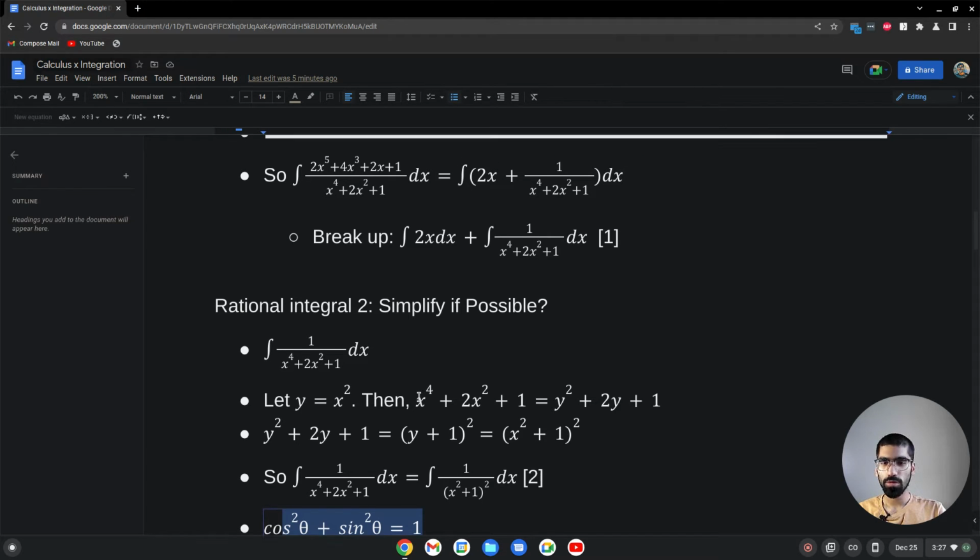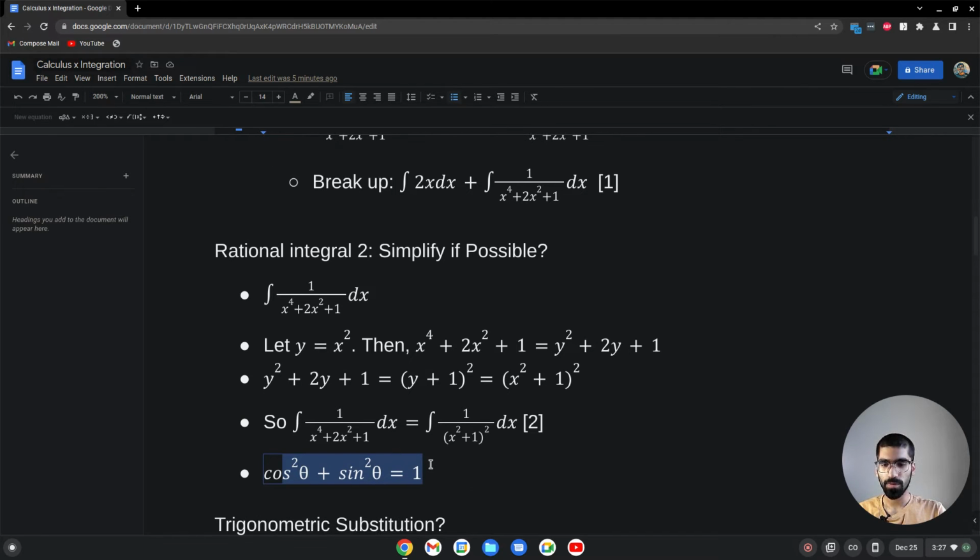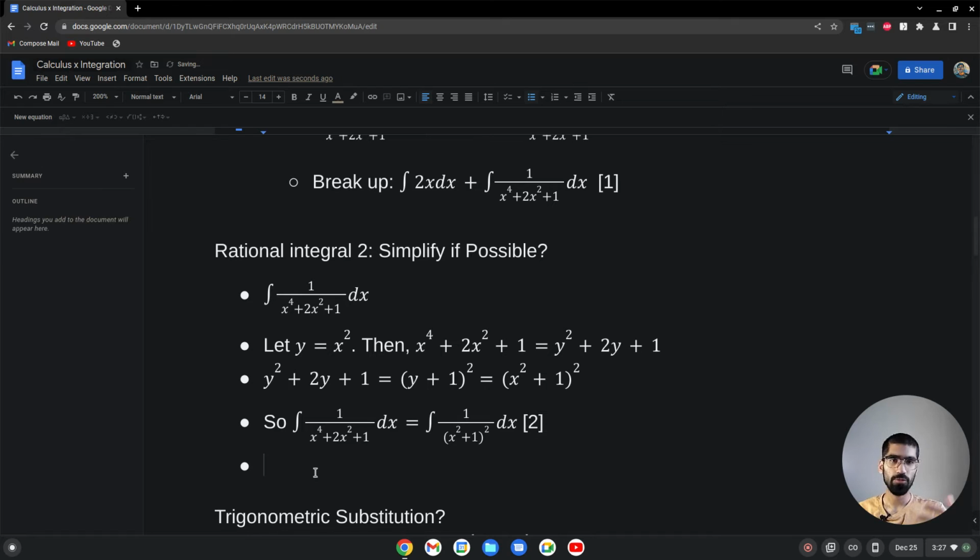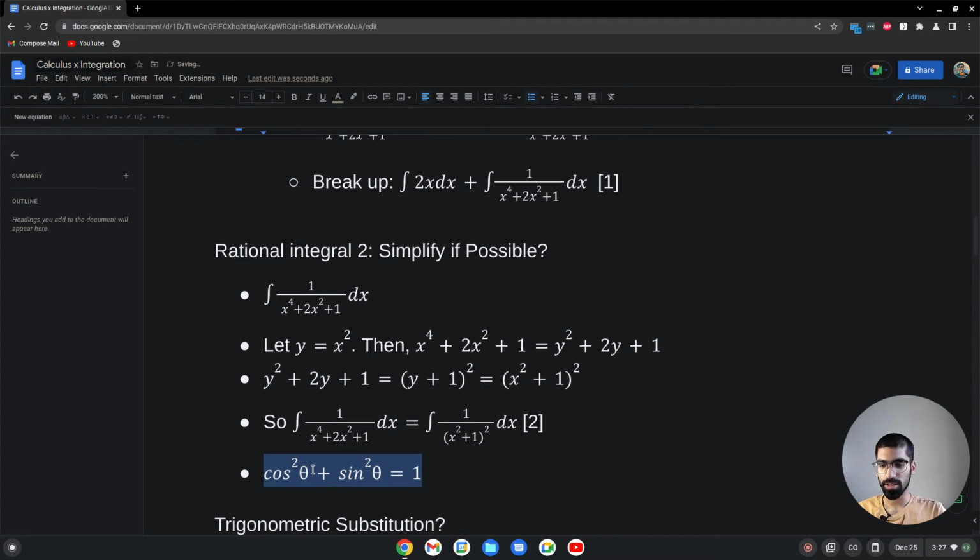We're going to be using this identity to form the basis of trigonometric substitution. The key idea, as you might have noticed in that identity, was we had tan squared theta plus 1 equals secant squared theta.